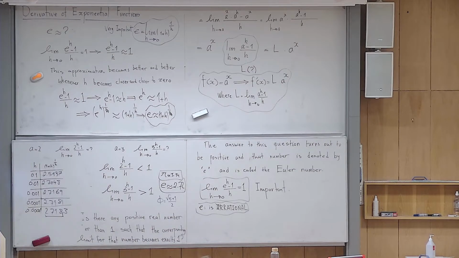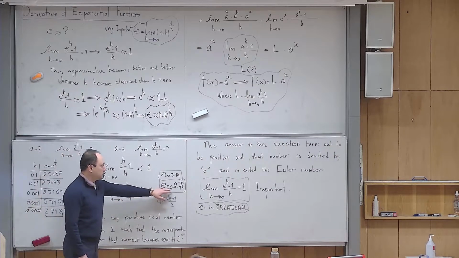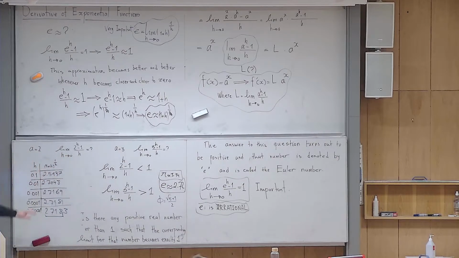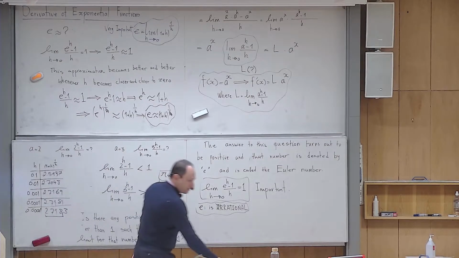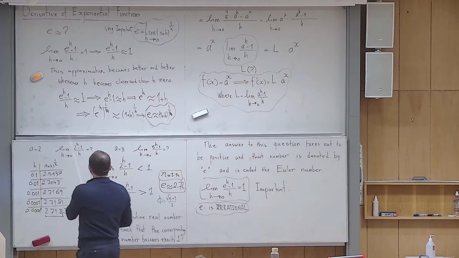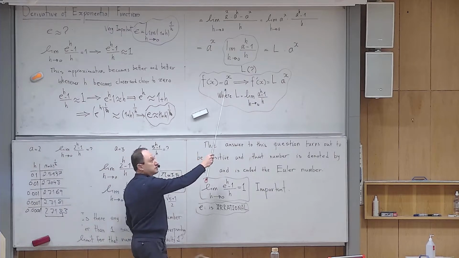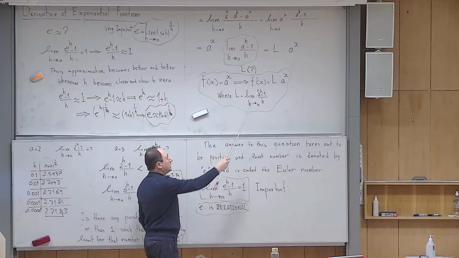Okay, let us go back to the lesson. So now, hopefully, this 2.72 plays a vital role in your life. But anyway, let us go back. Let me just remind you, because it was a very big detour. Do you remember what my goal was? My goal was to start from this function and calculate its derivative.